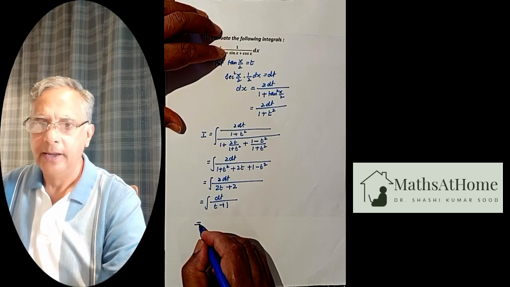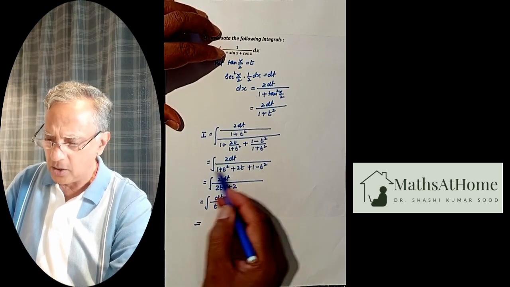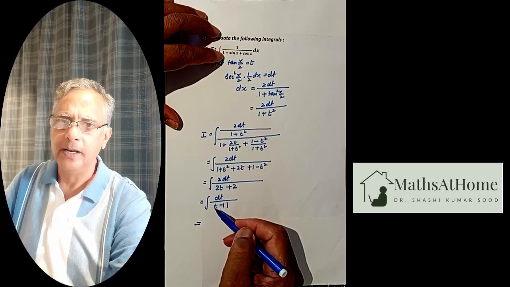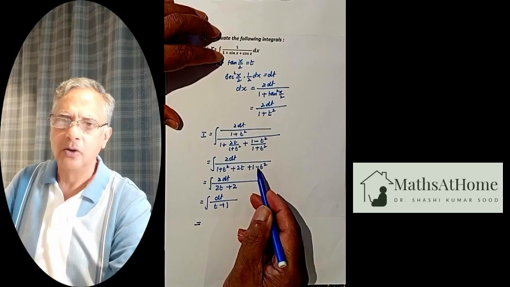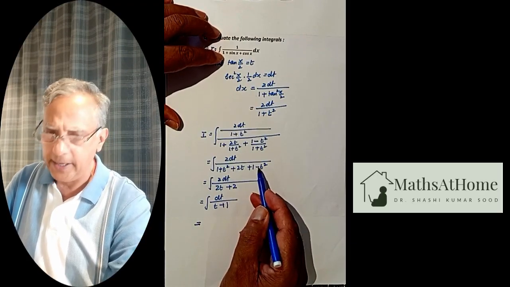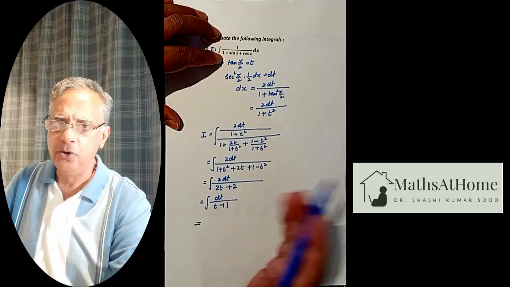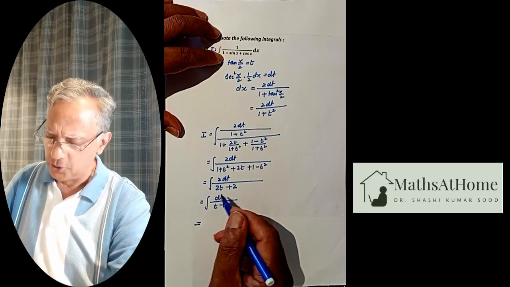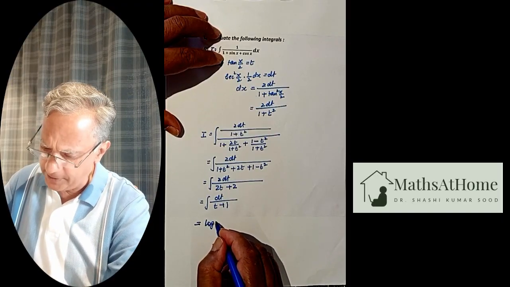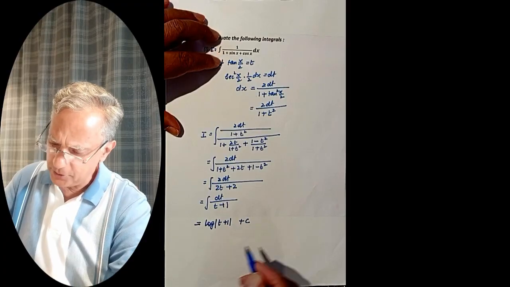And this can be integrated. This question generally changes into a quadratic. But here t square is cancelling with t square, therefore we are getting linear. But in general we will get a quadratic. And to solve that quadratic, we will write it as sum or difference of two perfect squares and use appropriate formula. So here we integrate this. This will be log of t plus 1 plus c.